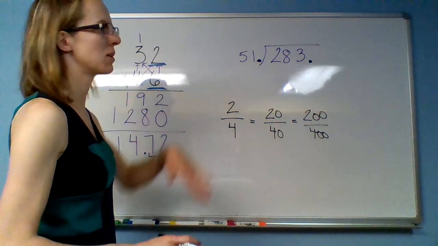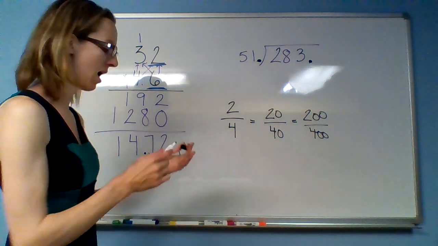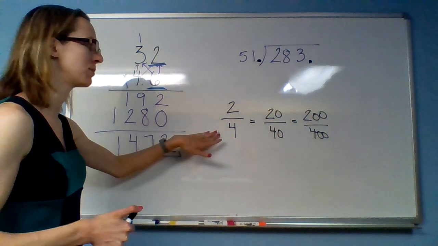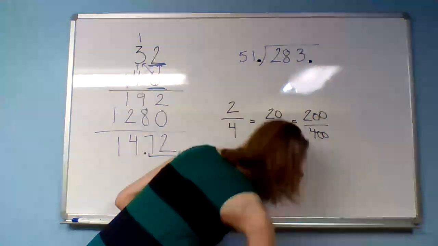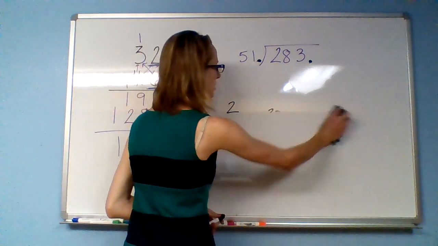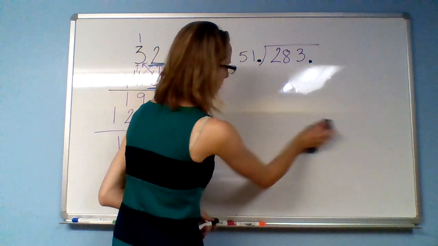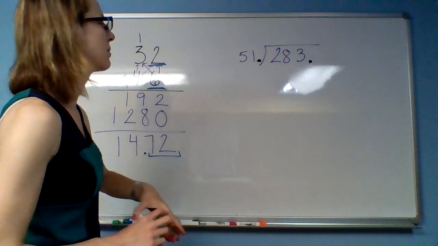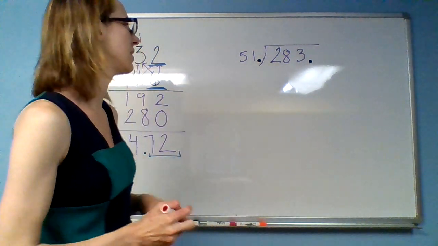So because I just multiplied both numbers by 10, I'll get the same answer. I can't do that in multiplication because 2 times 4 is not the same as 20 times 40. But in division, since I'm making equivalent division problems, I don't have to keep track of the fact that I moved that decimal. All right, now I'm thinking about 51 going into 283.